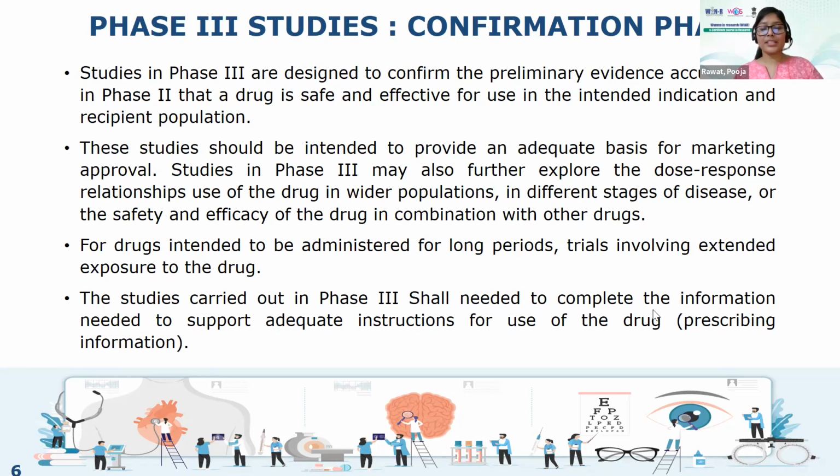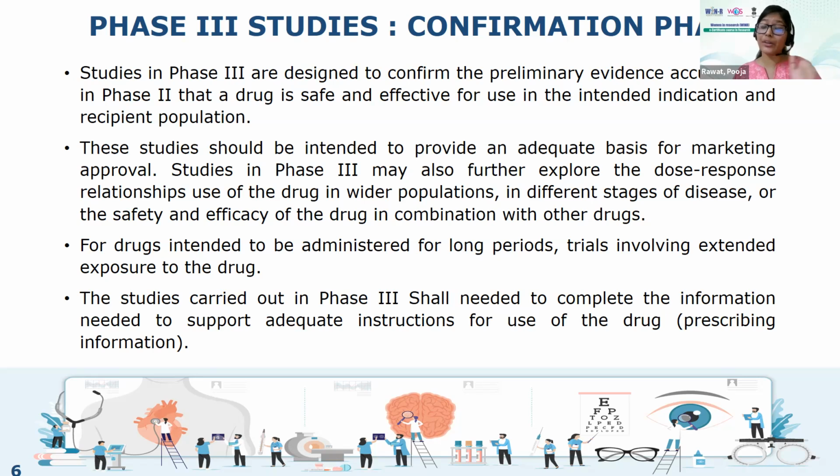For the prescribing information, suppose you can't give this particular drug to patients who have hypertension, so such kind of information we need to gather in this phase, because you are applying for regulatory approval for marketing.